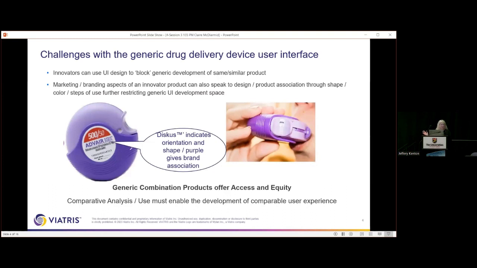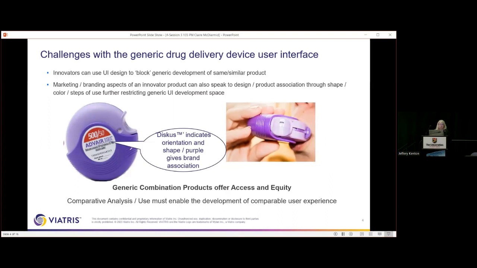This won't be the first time you've seen this product, and you'll see it on another one of my slides, really using Advair Discus as an illustration of an innovator product that has led to challenges in generic design. And I can speak to that from a decade of working on generic Advair. Innovators are seeking, in some ways, to block generic development of same and similar products.